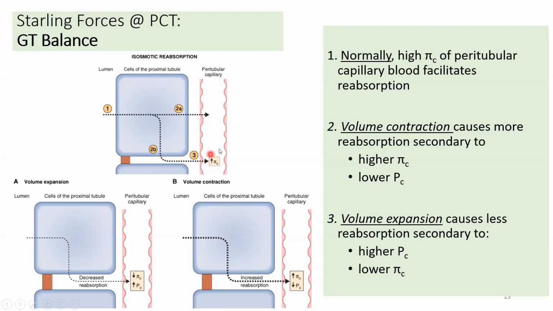What is this? This is the plasma colloid osmotic pressure. Now, since you took out plasma, what was left is thicker. When I say thicker blood, what I mean is that the concentration of plasma proteins and all those molecules which affect osmolarity increased.